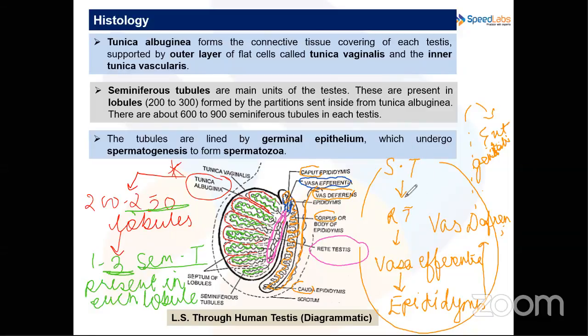Then rete testis is just a small network of tubes where it travels. Vasa efferentia is again meant for traveling, you were right. Epididymis, yes. Primarily, the sperms are stored in the epididymis, and then they are secondarily stored in the vas deferens. So there are two places where the sperms are stored, in the epididymis and in the vas deferens.